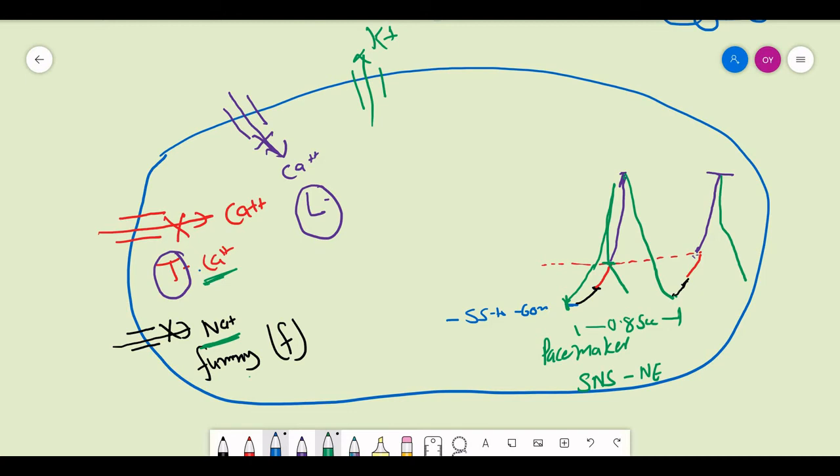So if the duration between one action potential and another was initially 0.8 second, now this will decrease, so heart rate will increase. On the other hand, when the parasympathetic nervous system is activated, it releases acetylcholine.